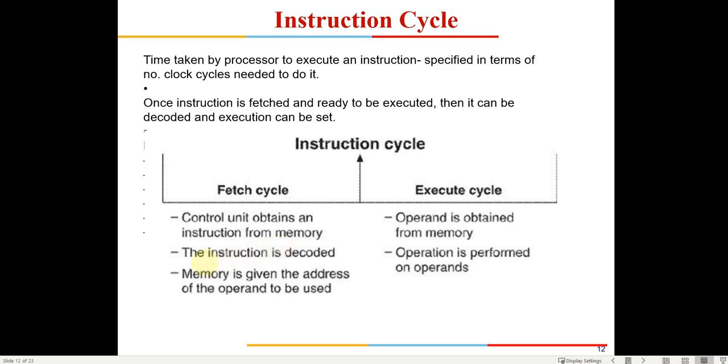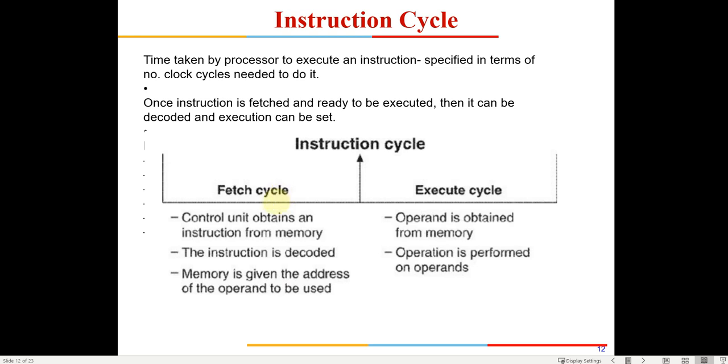After fetching that, the instruction is decoded, and if the instruction is register to register, then both the registers will be kept ready for an arithmetic or logical operation in the execute cycle. Or if one of the operands is a memory, then the physical address will be generated and kept. Only that much is done in the fetch cycle.